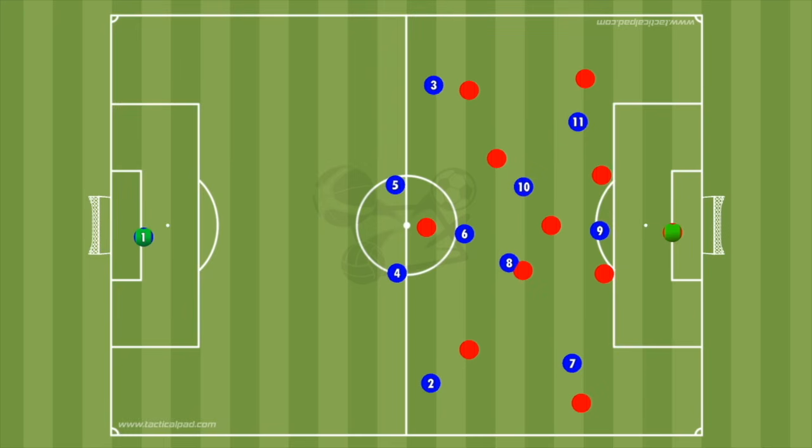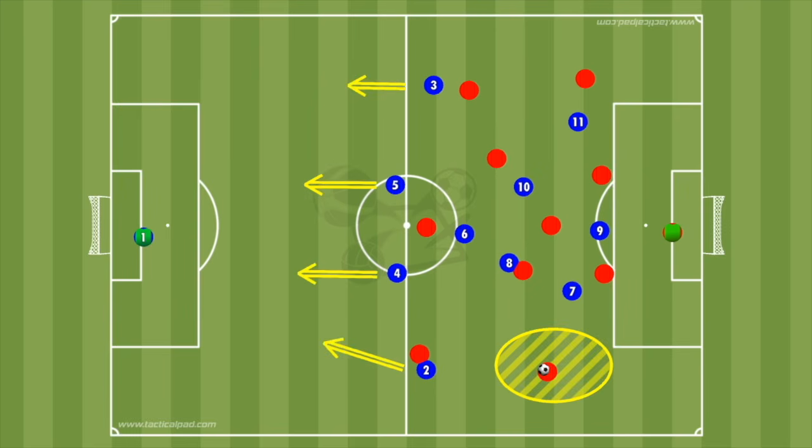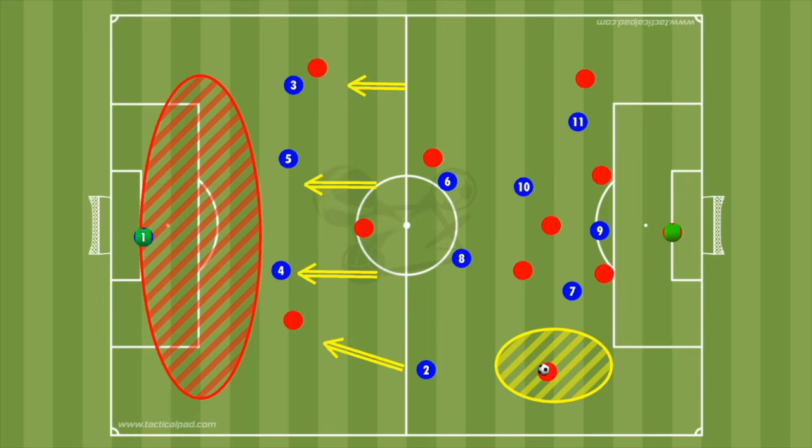Another factor that's worth taking into consideration is that if you just drop when there is no pressure on the ball and you start to run back towards your own goal as a defensive unit, and you make that recovery run back and protect that vertical space that quite rightly a lot of coaches or teams are worried about, you also could be giving up a secondary space, which is the space in front of the back four.